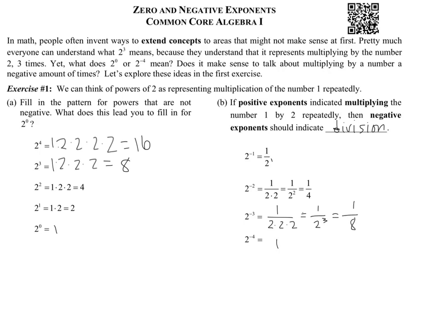And finally, 2 to the negative 4th power is 1 over 2 times 2 times 2 times 2, which is 1 over 2 to the 4th, which is 1 over 16.